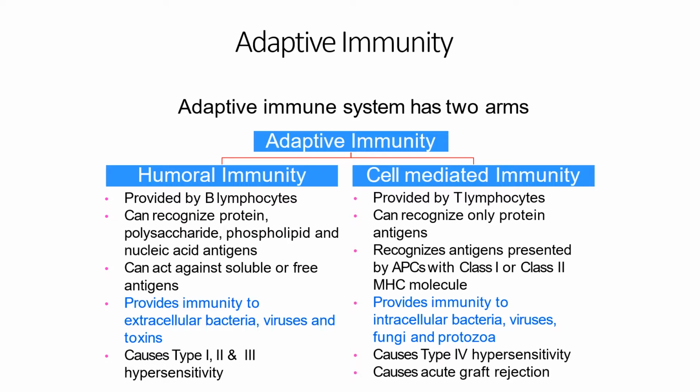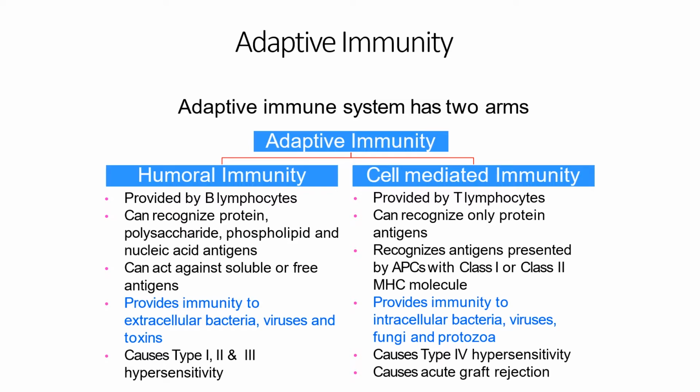The adaptive immune system or acquired immunity has two arms: humoral immunity and cell-mediated immunity. Humoral immunity is provided by B lymphocytes, while cell-mediated immunity is provided by T lymphocytes.